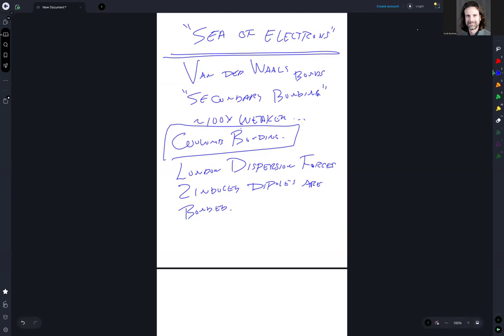So you have some electron cloud and your nucleus, and another electron cloud, say two of these sitting next to each other. And the positive and the negative average, because the electrons are moving around rapidly, are centered.